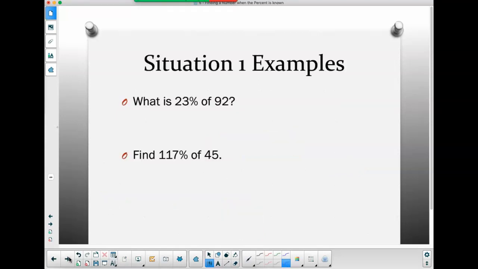I want you to do just the first one, not the second one. What is 23% of 92? Set up the problem and solve it.